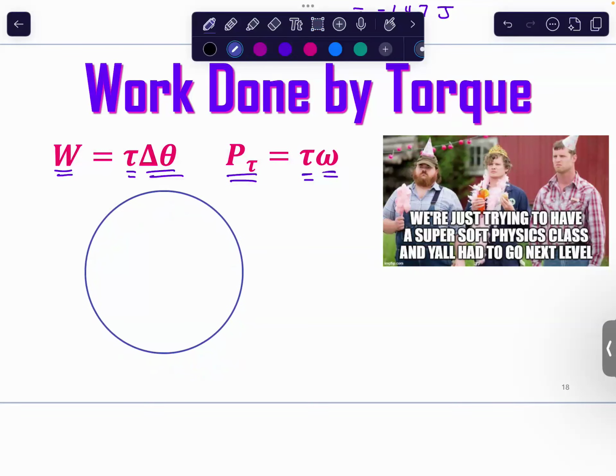Okay, and then we imagine that this is being pulled. So we'll just draw a little cord off of it and imagine it's being pulled. We're going to put our center there. We're going to get an angular velocity that way. So let's start thinking about this.